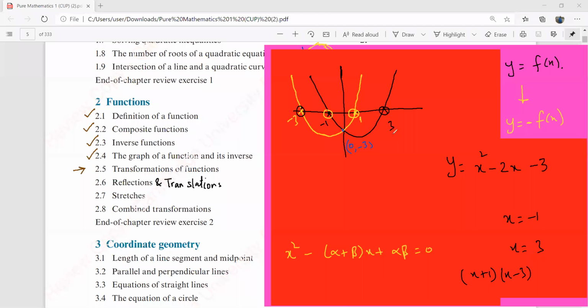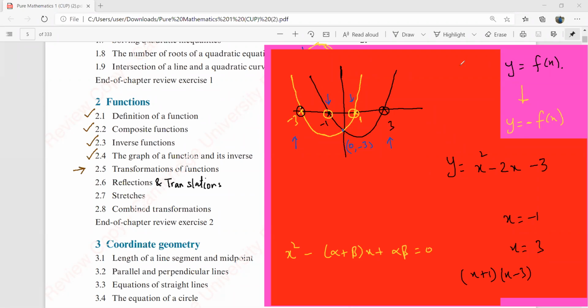Look, this point 3, 0 is now at minus 3, 0, and this minus 1, 0 is now at 1, 0. And this point is invariant. Can you see that this point hasn't changed at all? So this is truly a reflection in the y-axis.